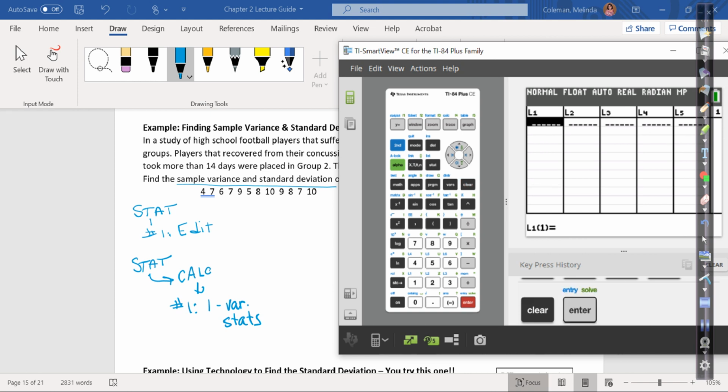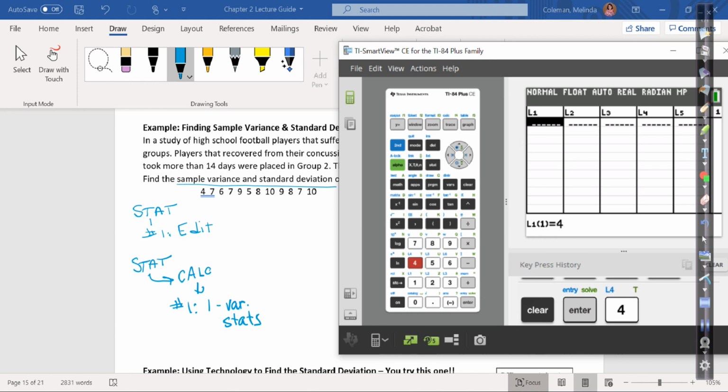Do not delete your data, you always clear it, because if you delete list data, you actually are deleting the list, not the data. So we clear the data. Be sure that you're always clearing out data. You can also just type over it, and it gets rid of it as well. The problem with doing that is if you have fewer data pieces, you're going to have to do a lot of deleting of data. All right?